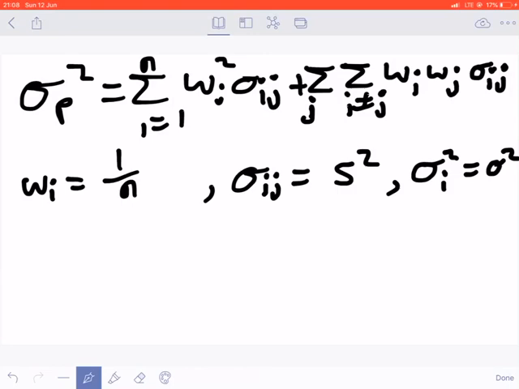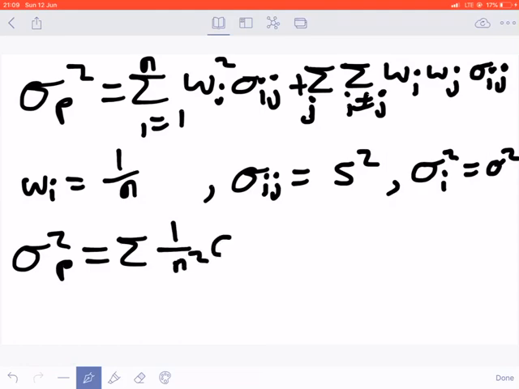In other words, the variance of our portfolio is going to be the sum of, now you have your weight of i squared, which is 1 over n squared, and then your sigma squared, because that is the variance of each and every asset.